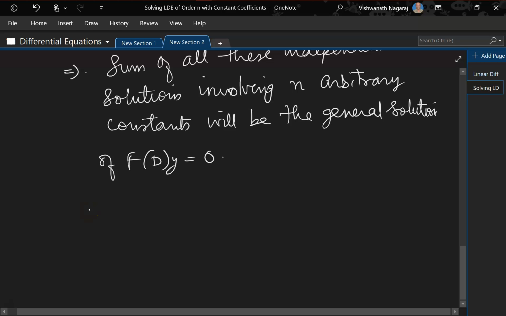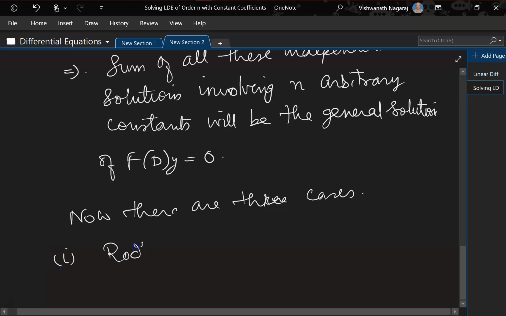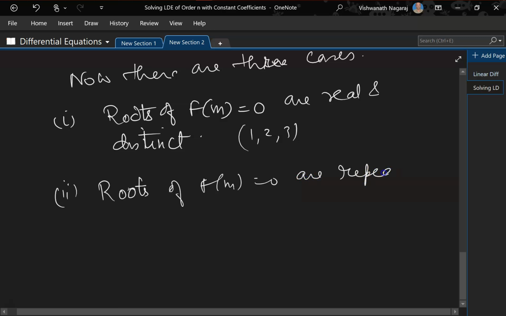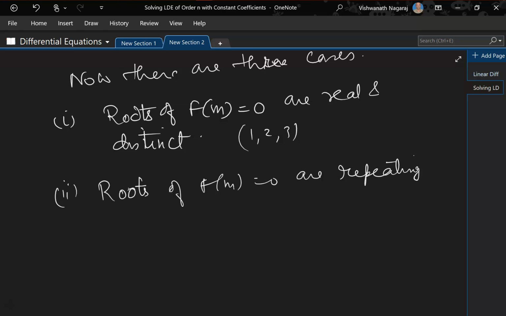So now, which means there are going to be three cases. One is roots of f of m equal to 0 are real and distinct, say for example 1, 2, 3, something like that. The second is roots of f of m equal to 0 are repeating. They may repeat twice or more than twice as well.